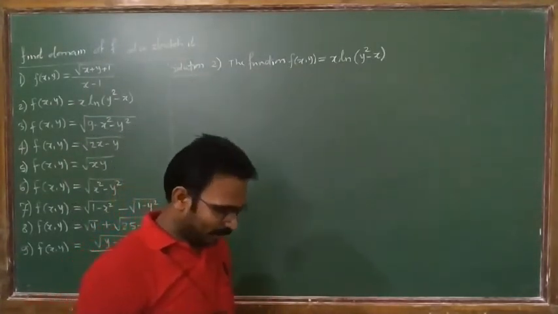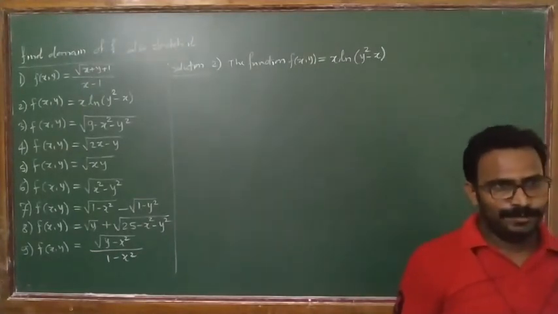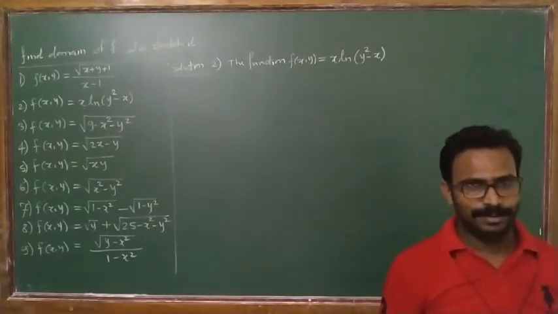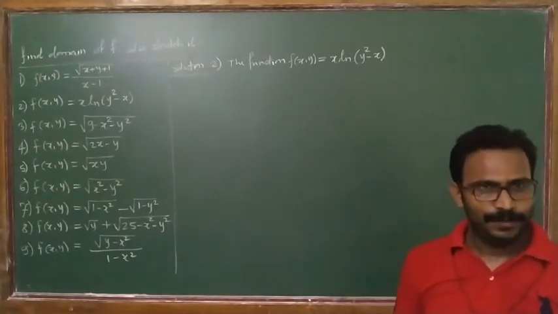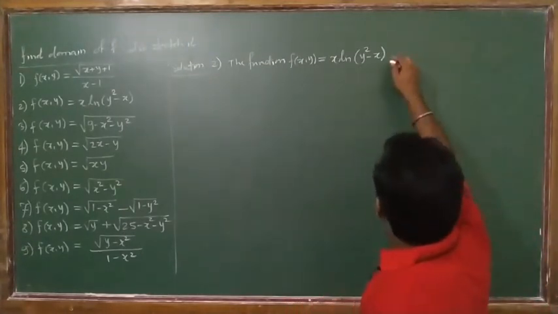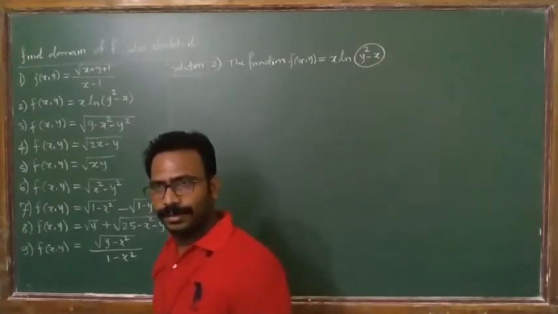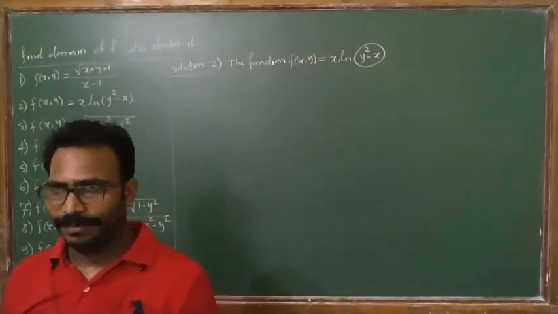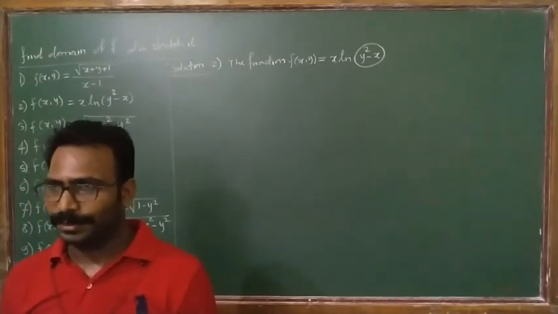So the logarithmic function will not give an output if we are trying to find the image of 0 or the image of a negative quantity. So if this quantity is 0 or negative, the logarithmic function will not give output.